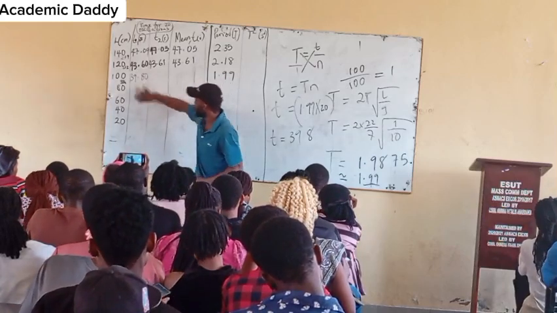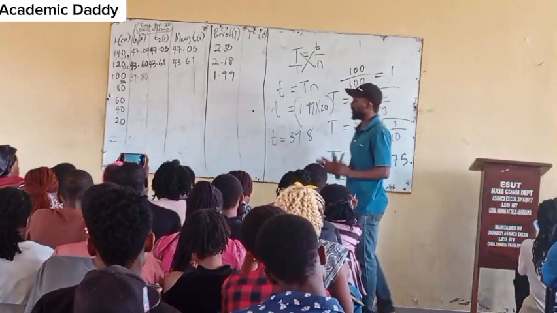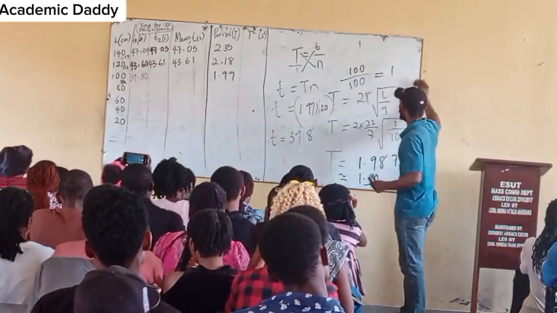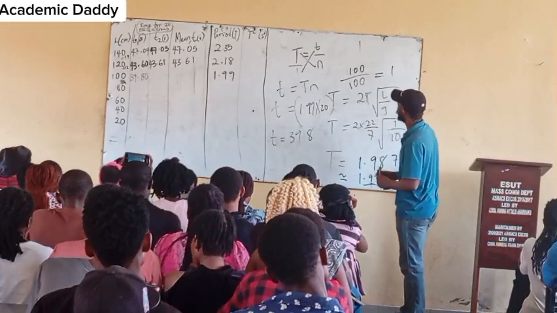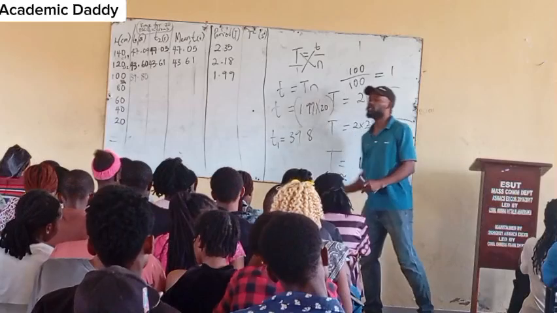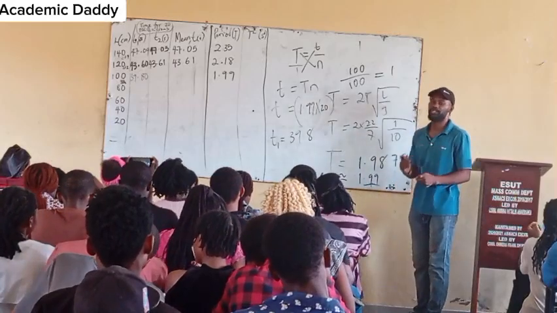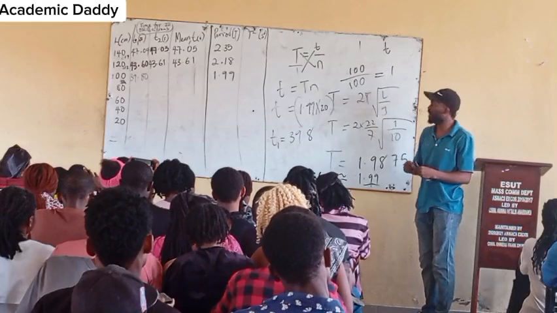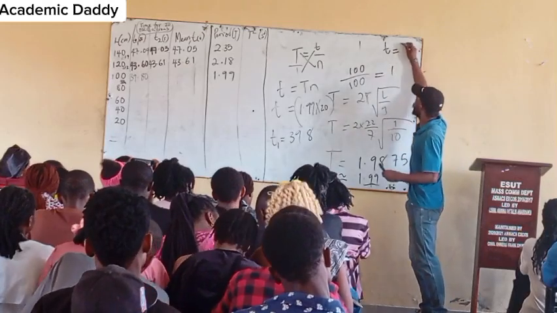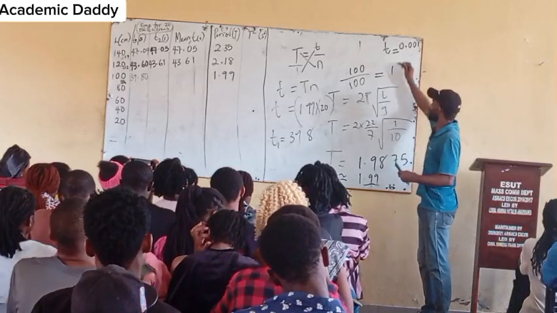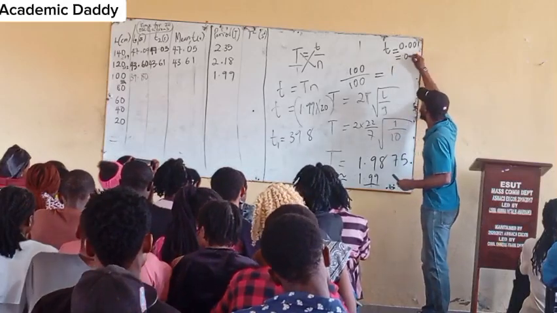Let's do something. There's something we call standard error. When I've gotten this my small t, if you want to be very accurate, to be very sure, once it has to do with time, the standard error is always using 0.001. In most cases, you see it to be 0.1.